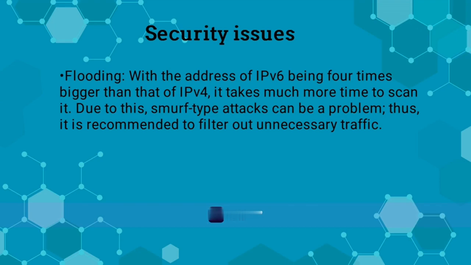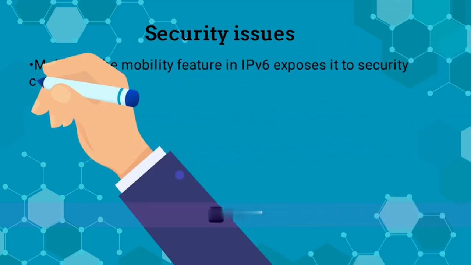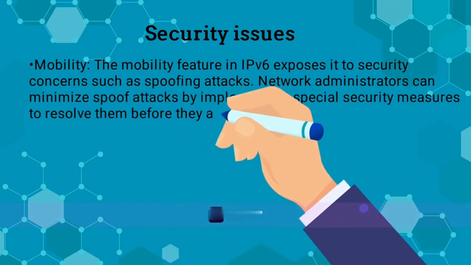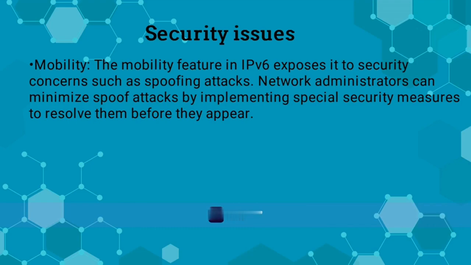Thus, it is recommended to filter out unnecessary traffic. Mobility. The mobility feature in IPv6 exposes it to security concerns, such as spoofing attacks. Network administrators can minimize spoof attacks by implementing special security measures to resolve them before they appear.